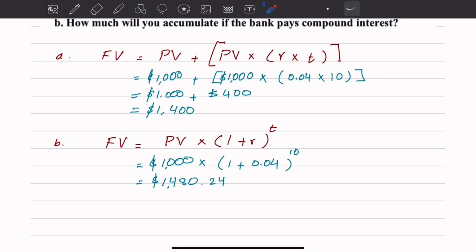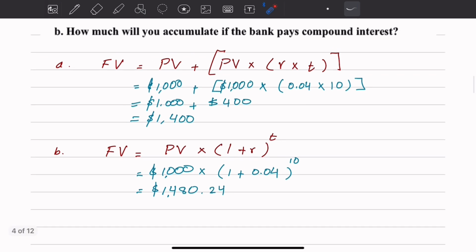Now notice the difference here. Notice how with a simple interest, the total interest generated throughout the 10 years is $400, whereas with the compound interest scenario, the total interest that was generated over the 10-year period is $480.24.